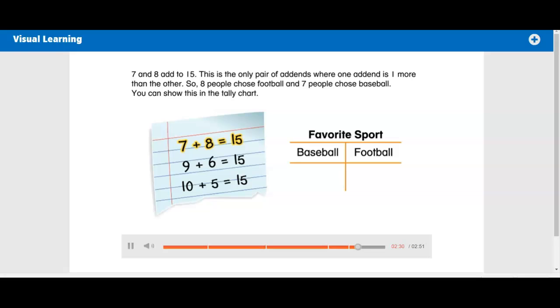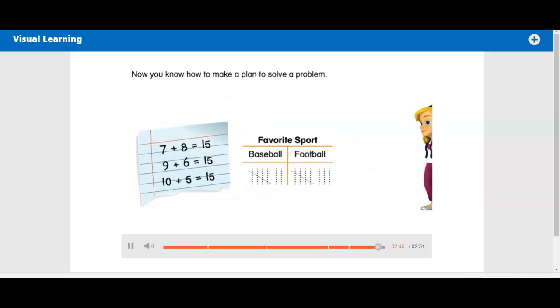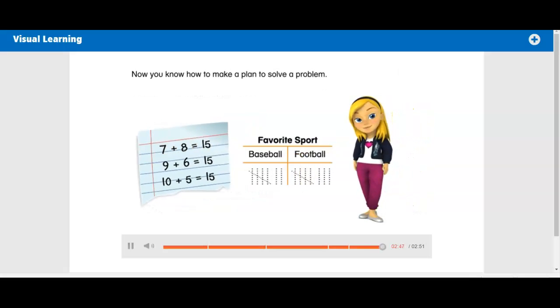This is the only pair of addends where one addend is one more than the other. So 8 people chose football and 7 people chose baseball. You can show this in the tally chart. Now you know how to make a plan to solve a problem. Good job!